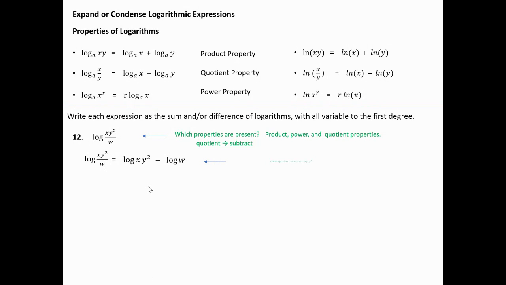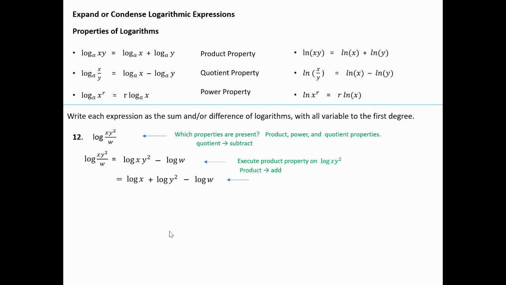Then we execute the product property on log of x y squared, which means I'm going to separate them, going from condensed to expanded only on the log of x times y to the second power. Then we bring down the minus log of w.